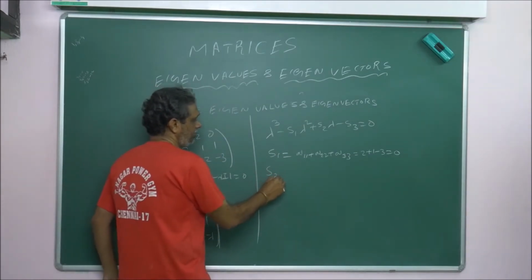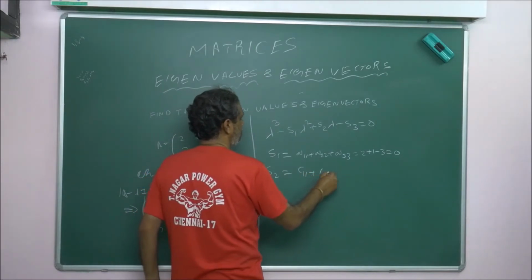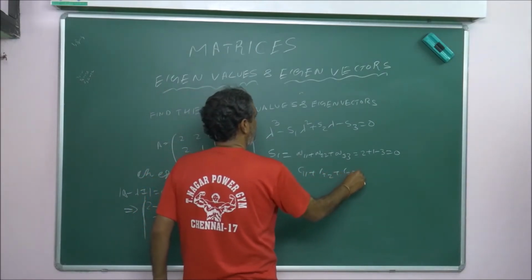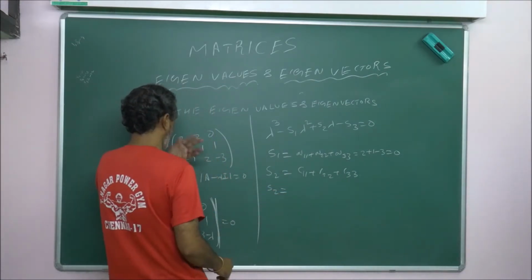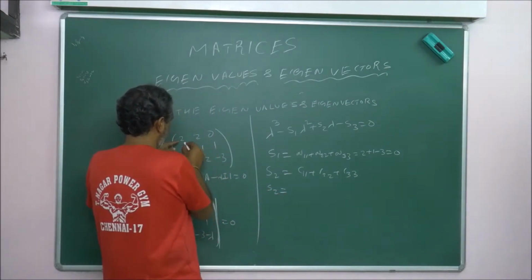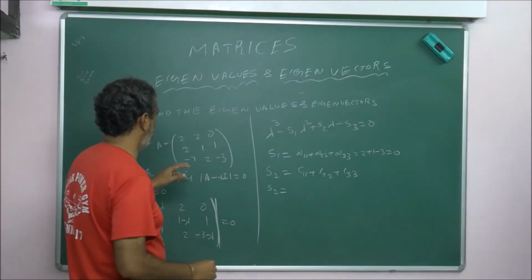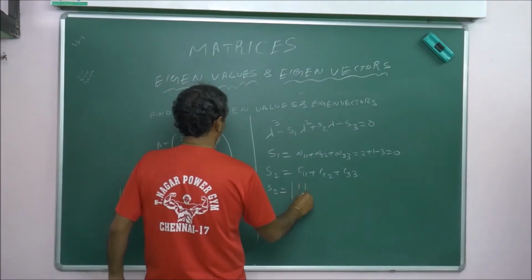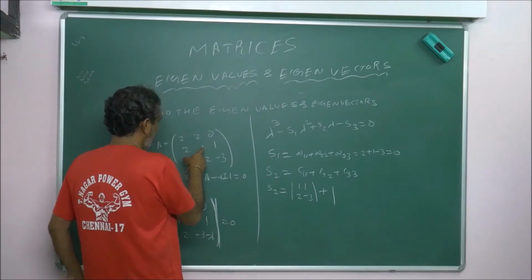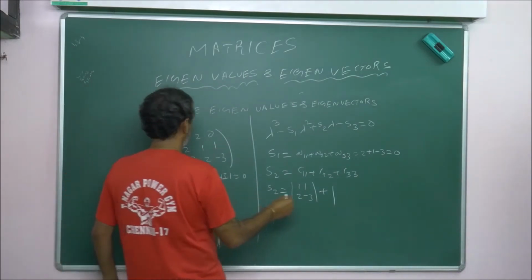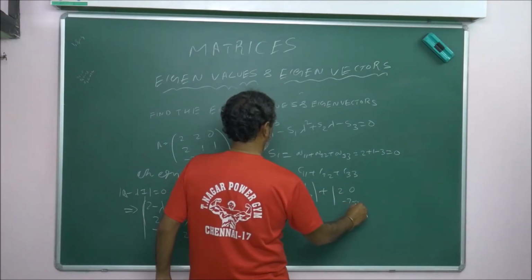S2, I told, is the sum of the cofactors of the diagonal elements: C11 plus C22 plus C33. So what did I get? For the first diagonal element, leave that element's row and column. You get the determinant 1 1, 2 minus 3, plus for the next diagonal element, leave this row and column: 2 0, minus 7 minus 3.